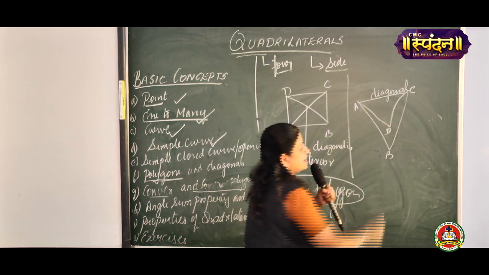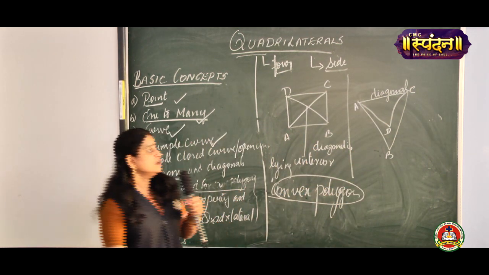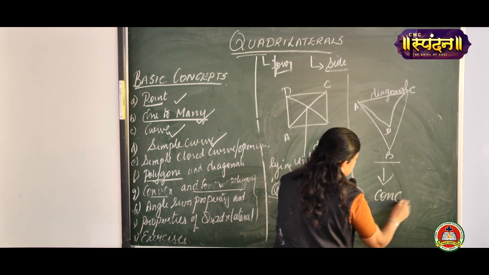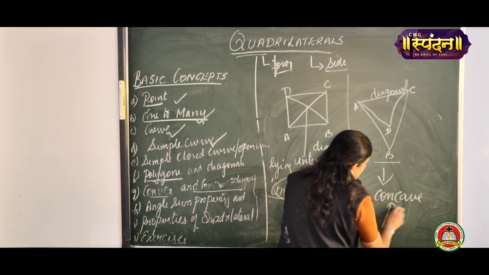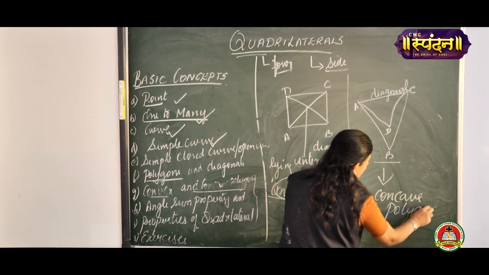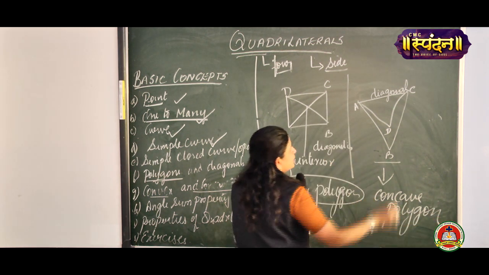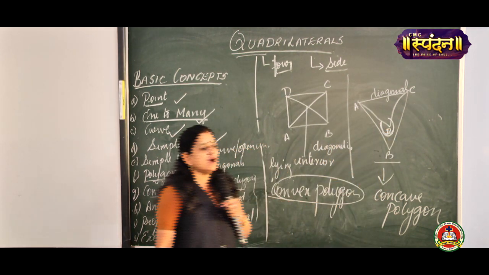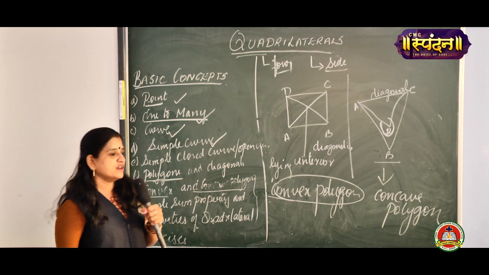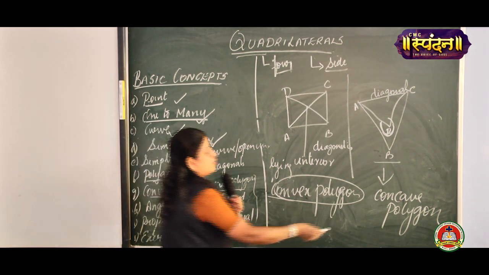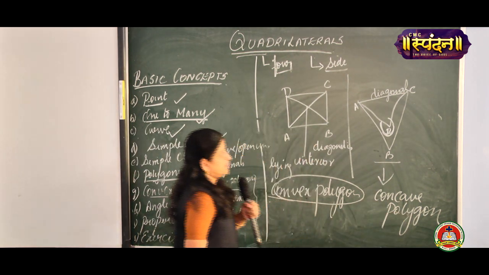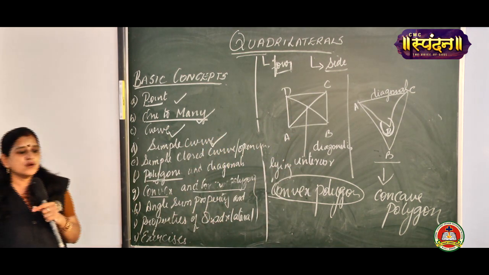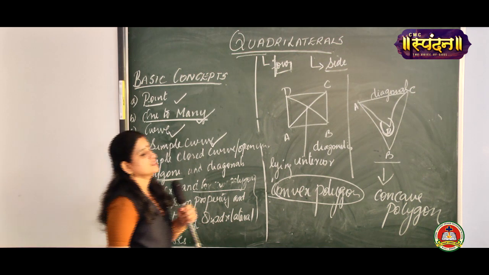When the diagonal lies outside the polygon, you call it a concave polygon. This is the only difference between convex and concave polygon. Also, if you observe this angle here, one angle will be a reflex angle in a concave polygon, whereas in a convex polygon no angle is a reflex angle.